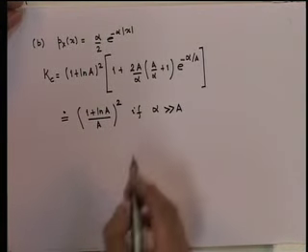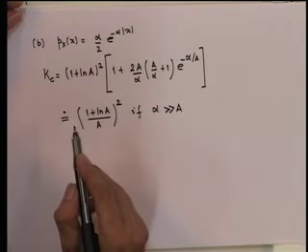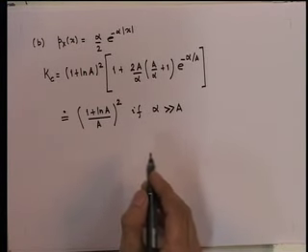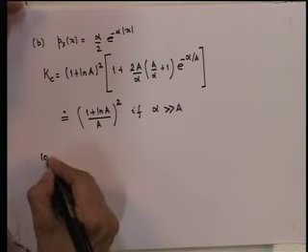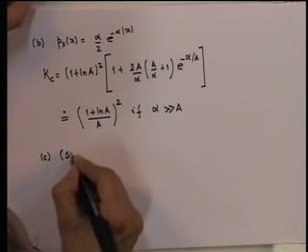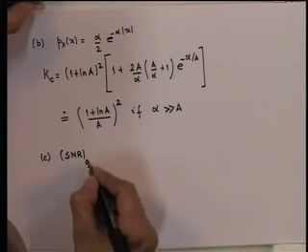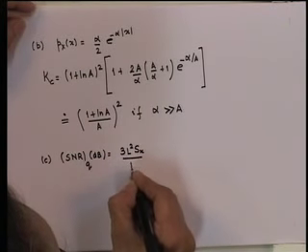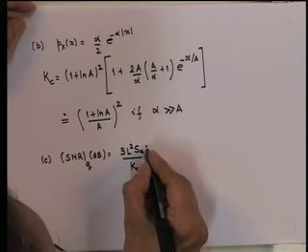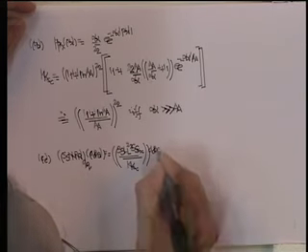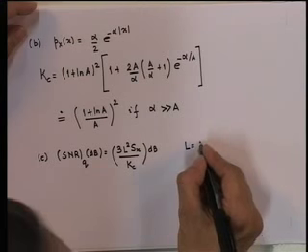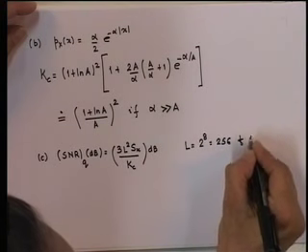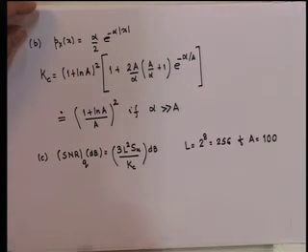So, let us try to evaluate the signal to quantization noise ratio, which is given in dBs as follows, for L is equal to 2 raised to 8, that is 256, and A is equal to 100.